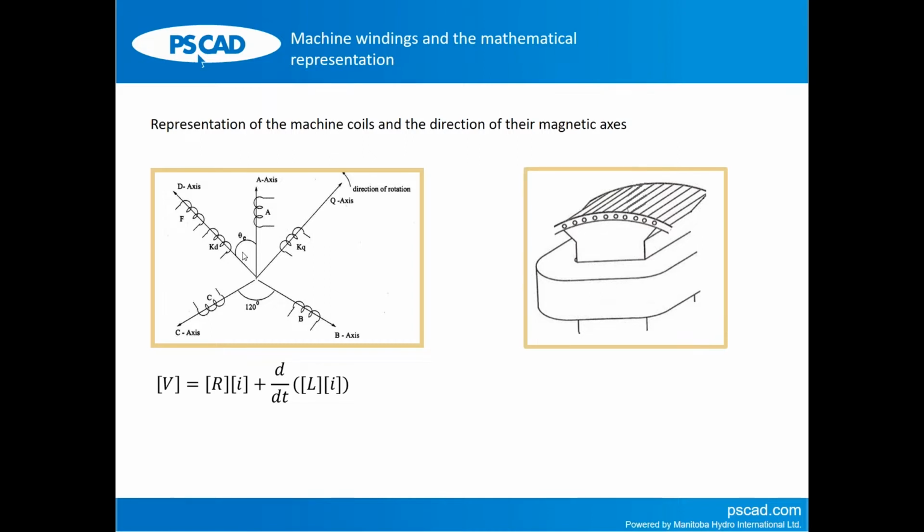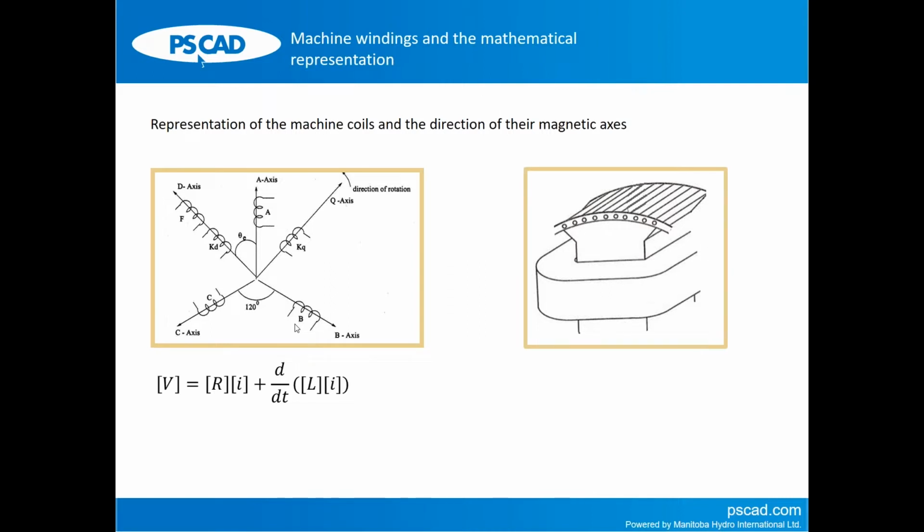Which means the magnetic coupling, for example the mutual inductance between the field winding and A winding, is not a constant, right? When the D-axis aligns with the A axis, you have the maximum flux linkage, maximum coupling. Whereas when the D-axis is 90 degrees, there is no coupling between field and A axis. There is some coupling between field and B and C axis windings.